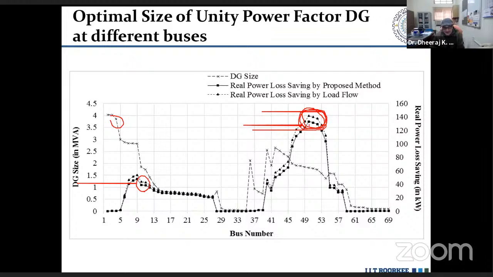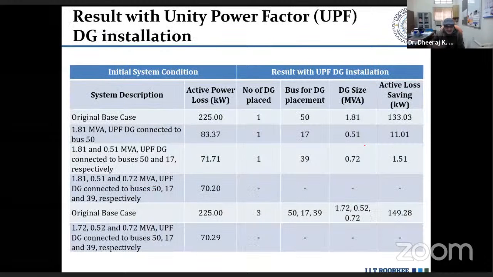So here we can see that bus number 50 is suitable again for DG placement of this size. So this process we have to repeat several times. Here we have a summary of results. We have the original base system with this much losses. First we executed our algorithm to determine 1 DG, and we identified that by placing DG at bus number 50 of this size will cause this much power loss saving.